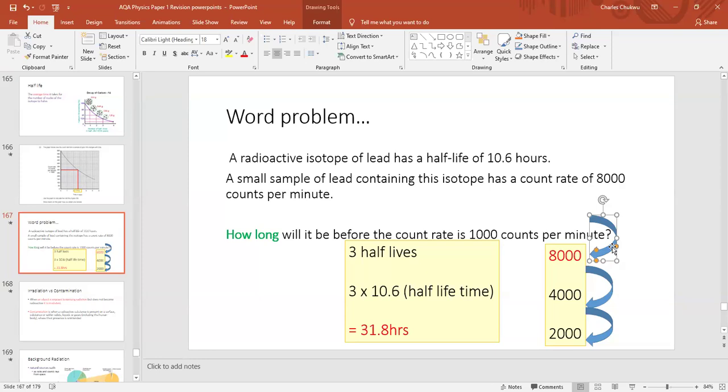Okay. So 8,000 counts per minute. Okay, I think I understand what's happening now. I was wondering why there were 3 arrows. I think I get it now.